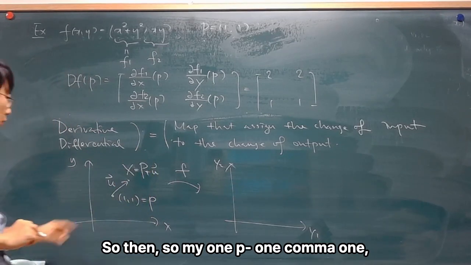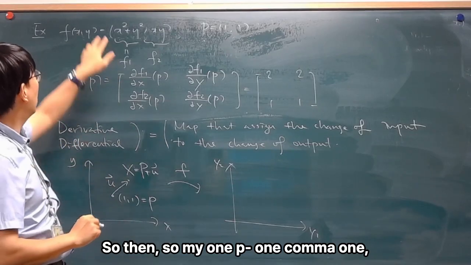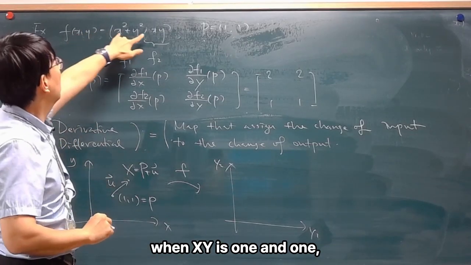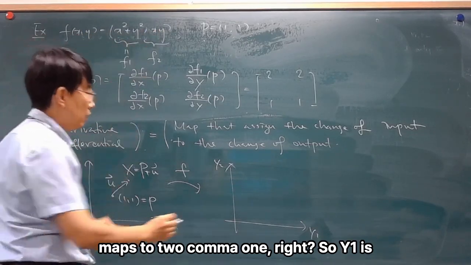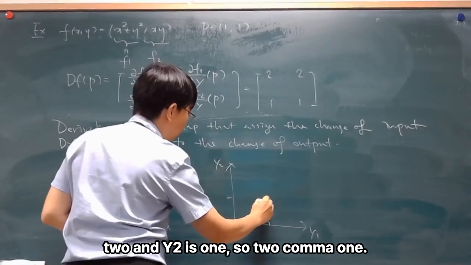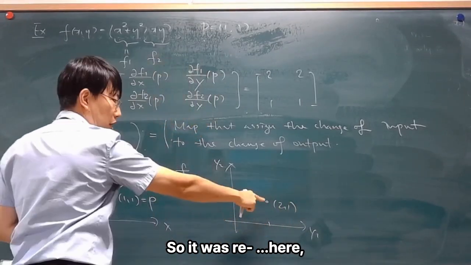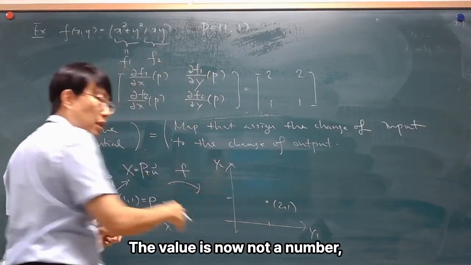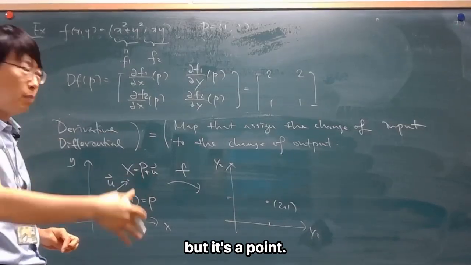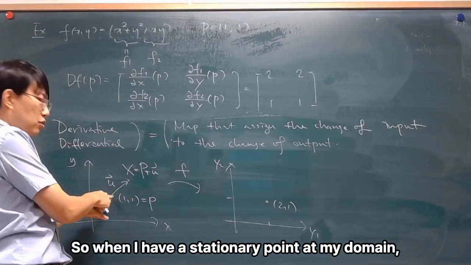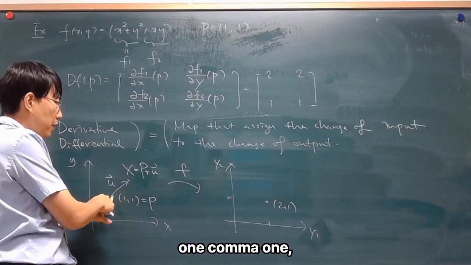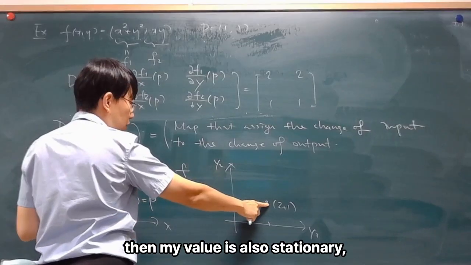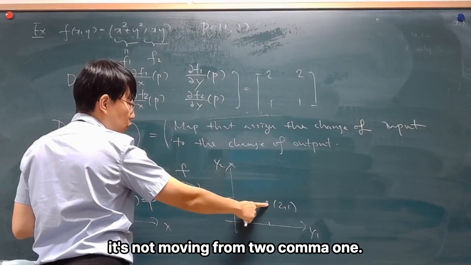Then my (1, 1), when x and y are 1 and 1, maps to (2, 1). So y1 is 2 and y2 is 1. The value of the function was right here. The value is now not a number, but a point. So when I have a stationary point in my domain, (1, 1), then my value is also stationary. It's not moving from (2, 1).